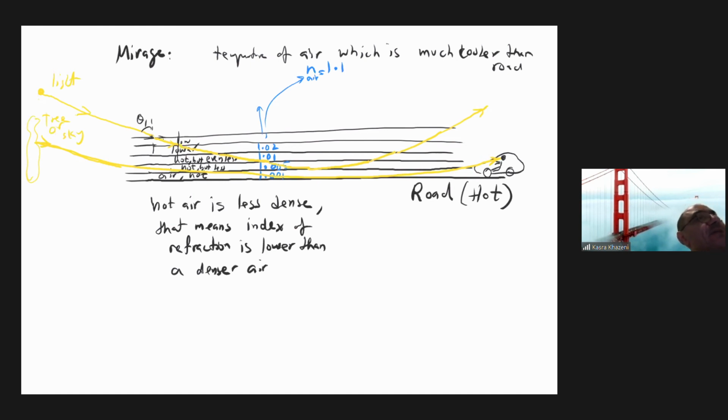And now here's the thing. The eye doesn't know that the beam was traveling in not a straight line. The eye looks at this and says, I see the beam of light and the image of a tree and a sky, and it's coming from somewhere along the straight path if I extrapolate down this way.